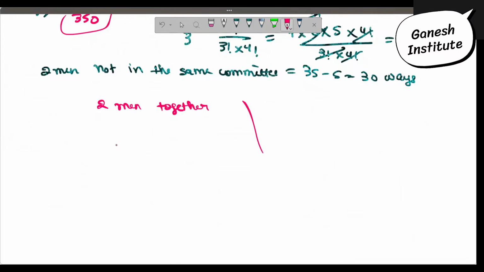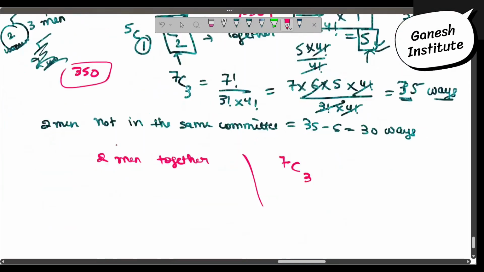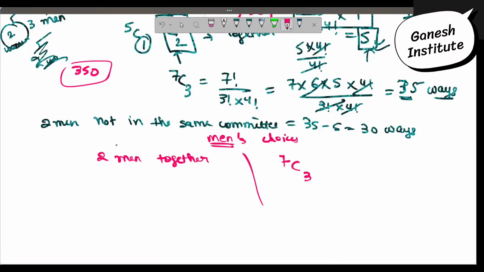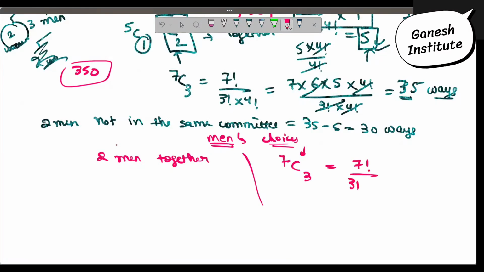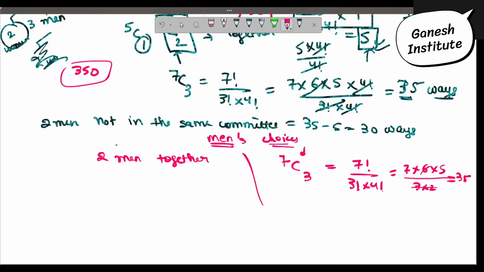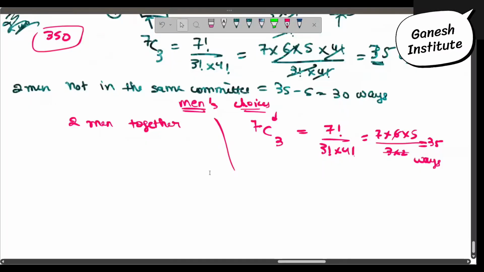Because I have to take 3 men out of 7 men, firstly I'm sorting the men's choices. So total choices in which men can form the committee is 7C3, right? 7 into 6 into 5, 4 factorial gone, 3 twos are 6. 35 ways are there in which men can form the committee.